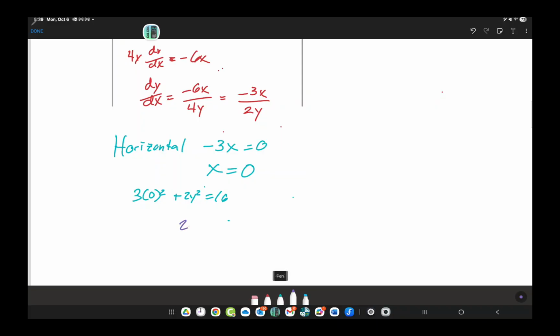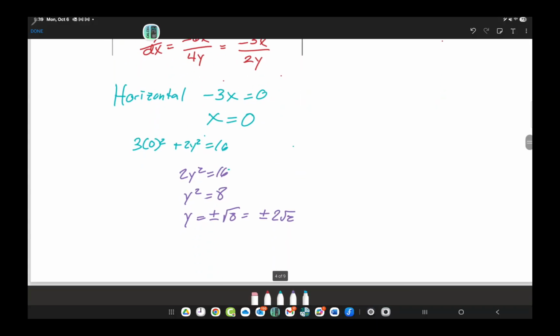So basically 2y squared is equal to 16. y squared is equal to 8, which means y is equal to what? Root 8, which is plus or minus 2 root 2. So my coordinate would be 0, plus or minus 2 root 2.